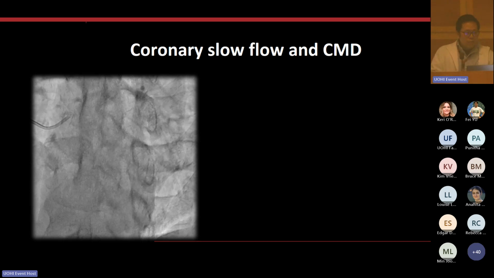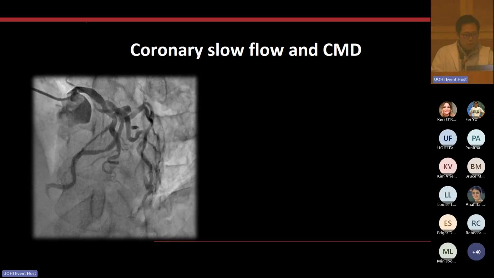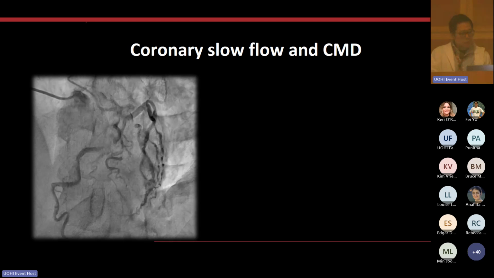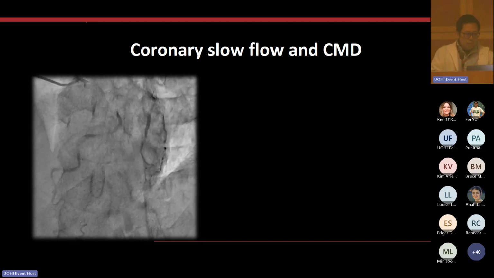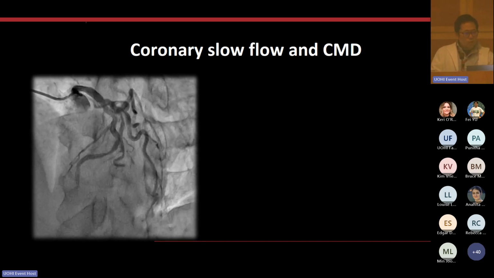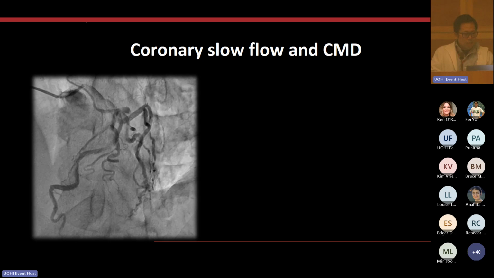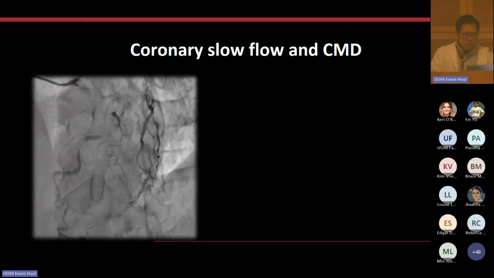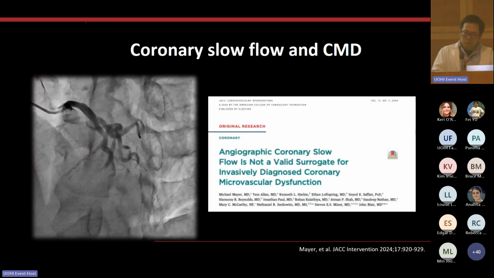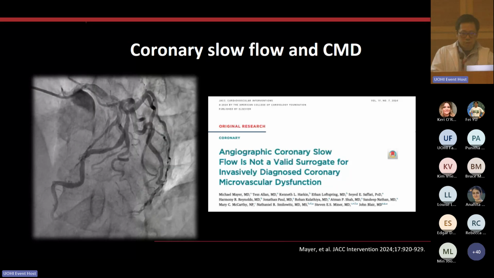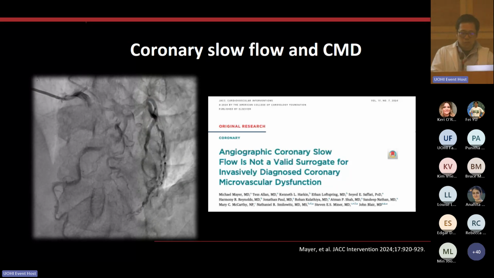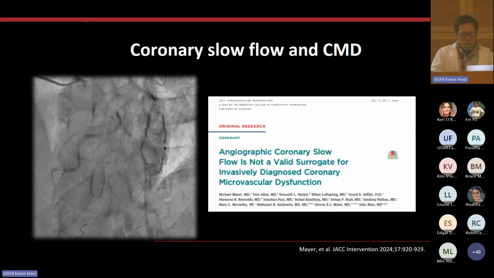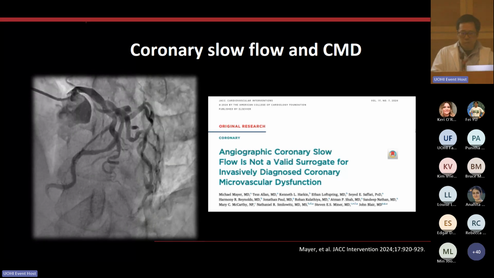Here is an example of coronary slow flow, which suggests the presence of CMD. As you can see here, contrast washout is also delayed. However, a recent article published last year denied the association between CMD and coronary slow flow. So this should be further evaluated.